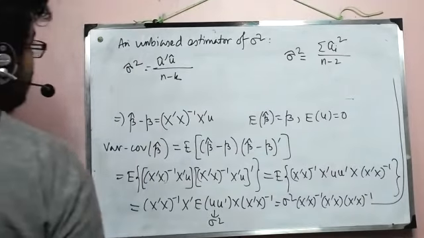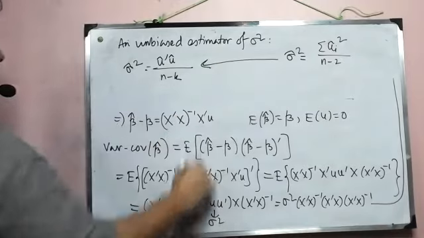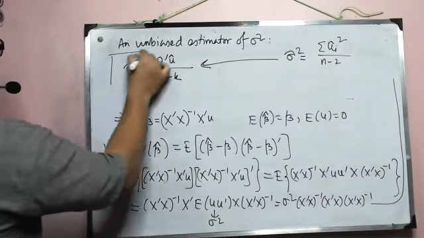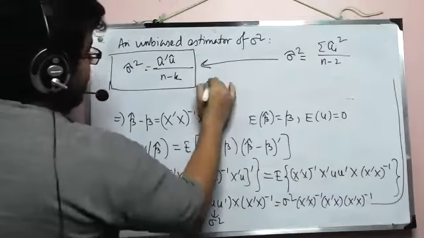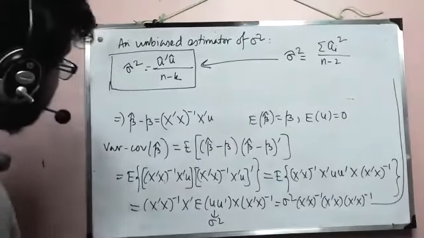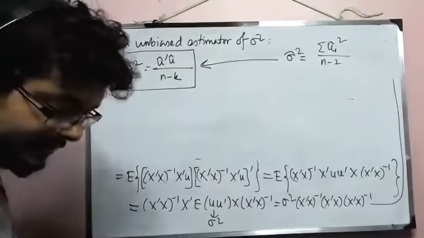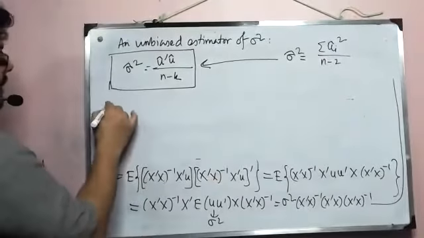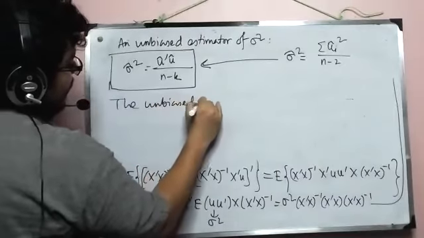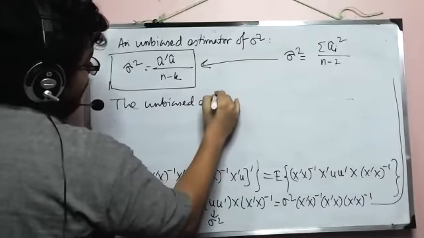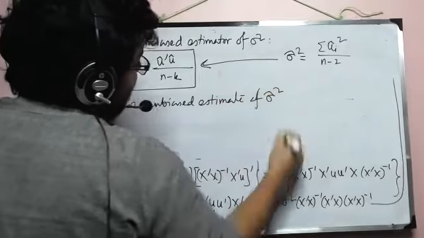All right, so in matrix notation you can directly see the link. So this is our unbiased estimator. And now remember one thing, that this is important: the unbiased estimator, or rather the unbiased estimate, I will say, of sigma hat square.